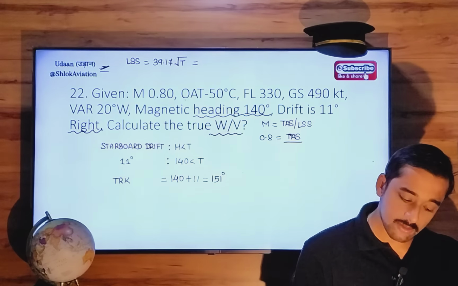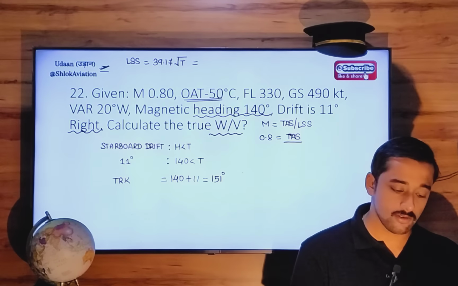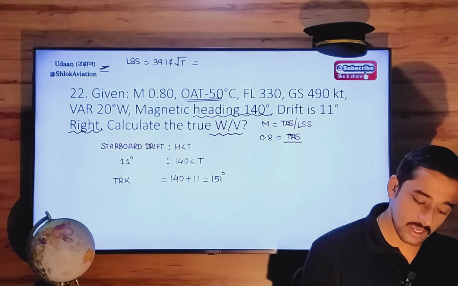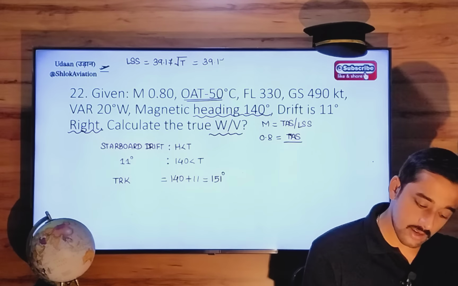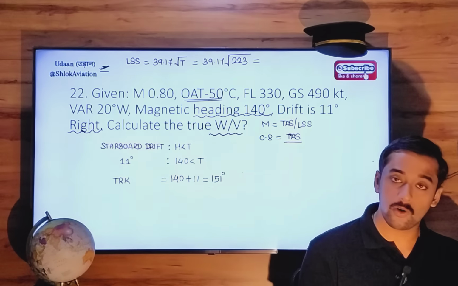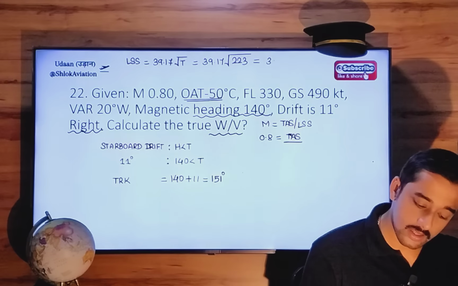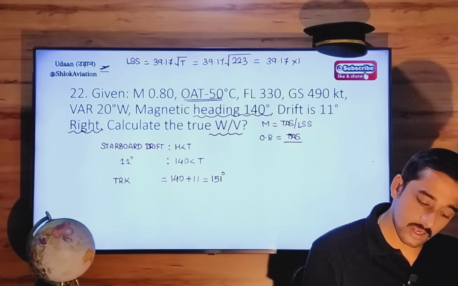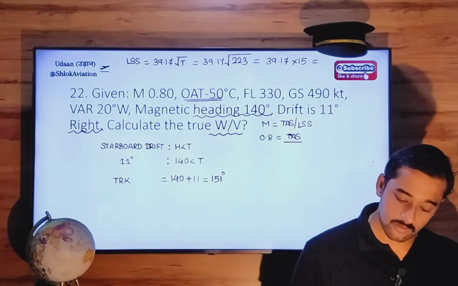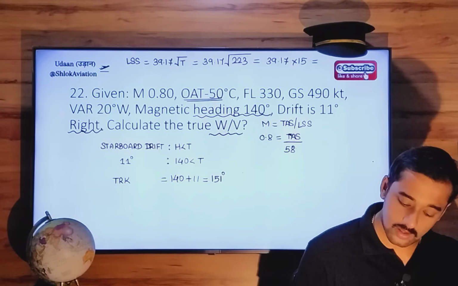Outside air temperature is minus 50 degrees Celsius. Convert this into Kelvin, you get minus 50 plus 273, 39.17 root of 223. Root of 223 equals 14.9 or 15. So 39.17 into 15 is 587.55. So 587.